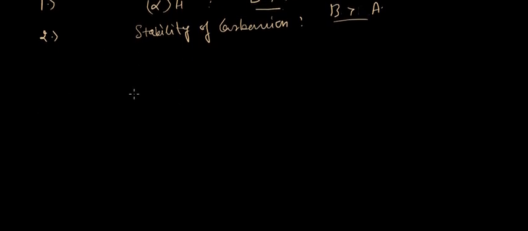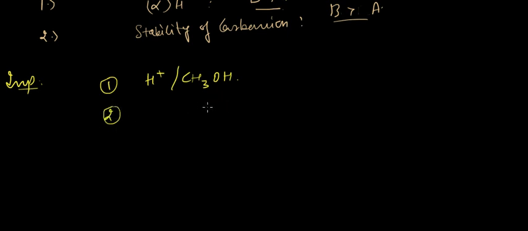Okay, so just remember the important point: if we have a reagent where in the first step we are giving H plus and CH3OH, it will show an H plus catalyzed reaction in the first step, and in the second step if we are again passing it with RCH2OH, then we will have the addition of RCH2OH in that.